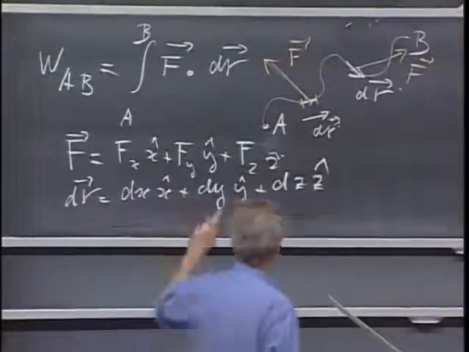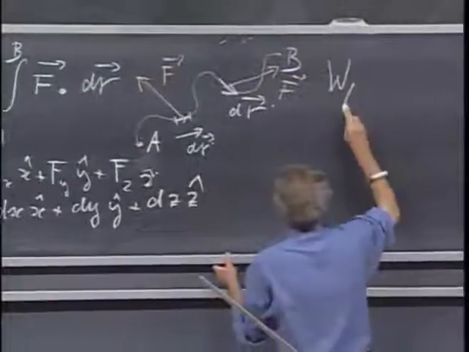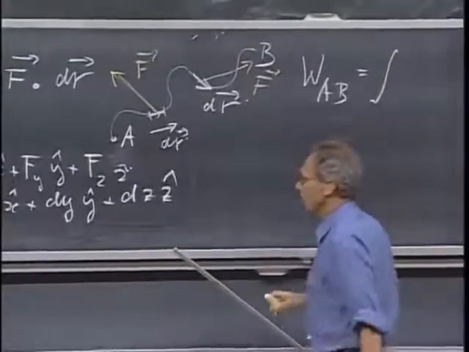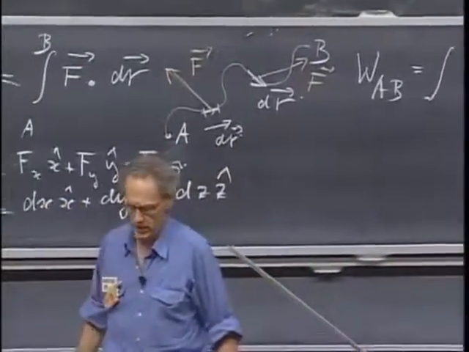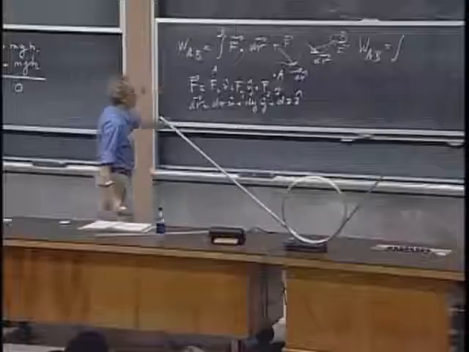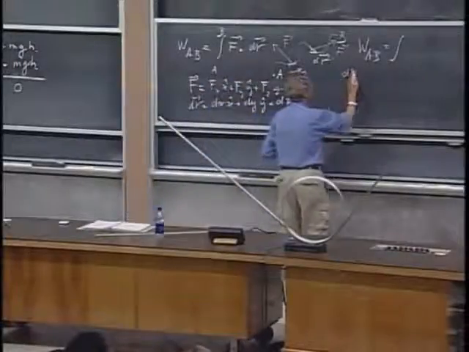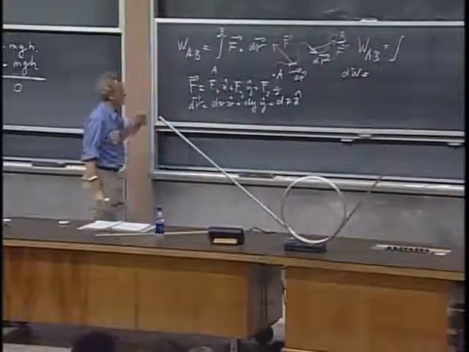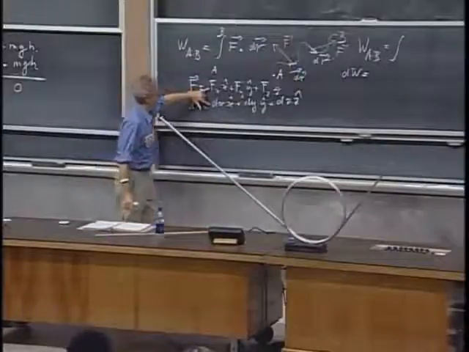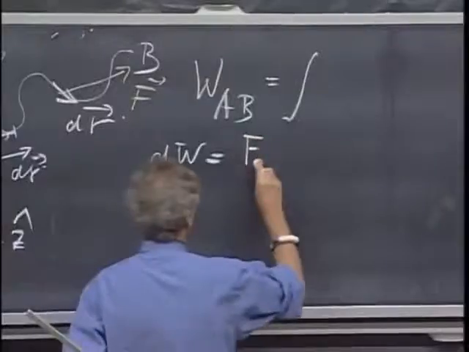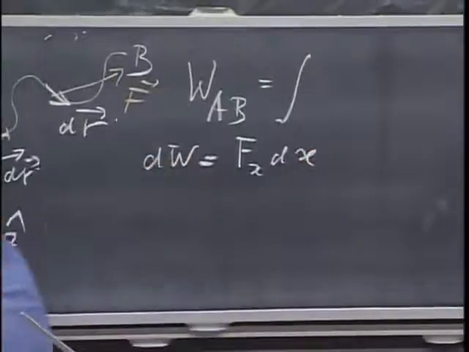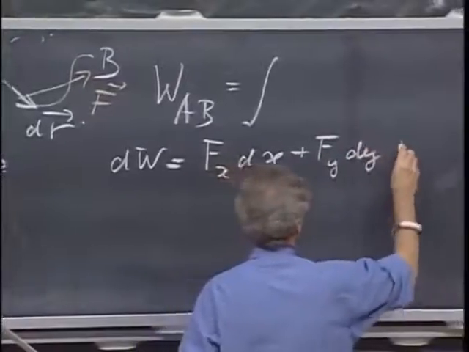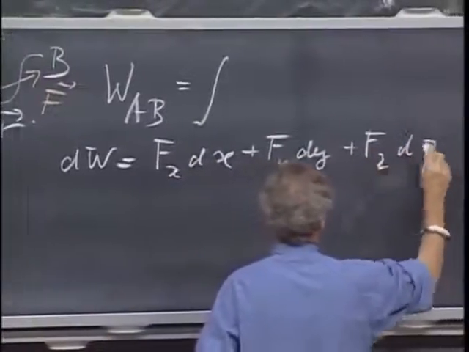So the work that this force is doing when it moves from A to B is the integral of this F dot dr. Let's first take a small displacement dr, then I get dW, that is simply fx times dx, it's a scalar, because this is a dot product, plus fy dy plus fz dz.